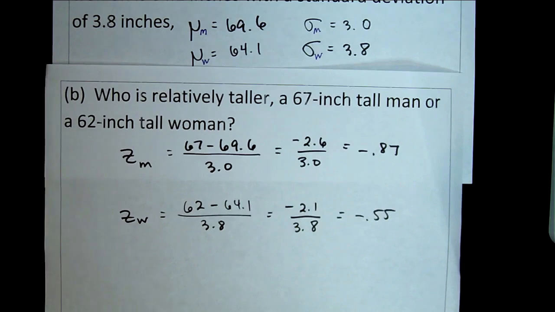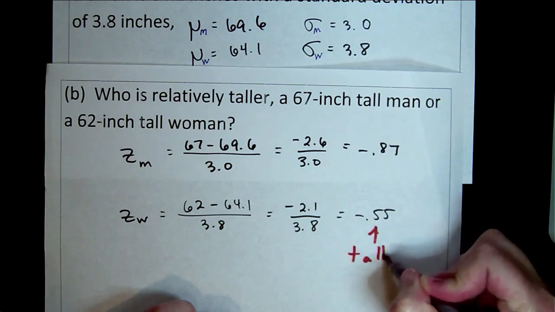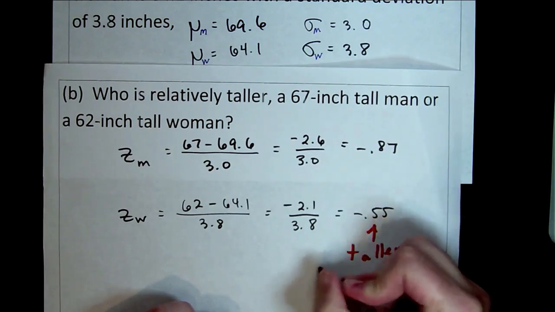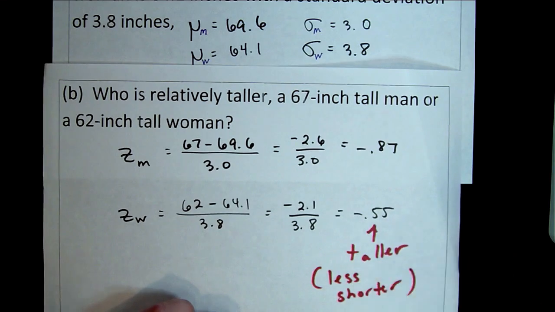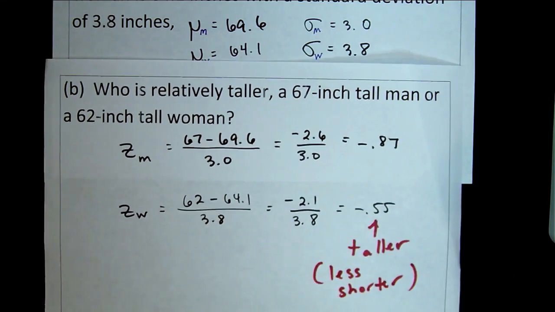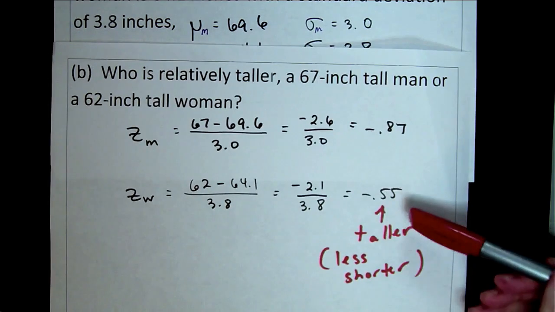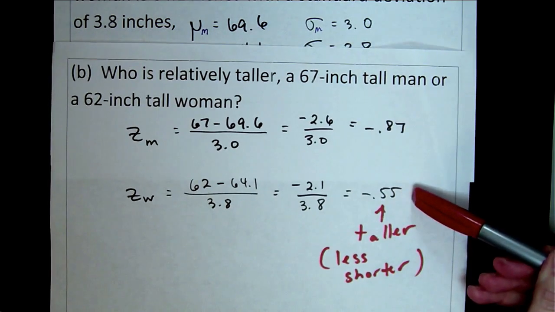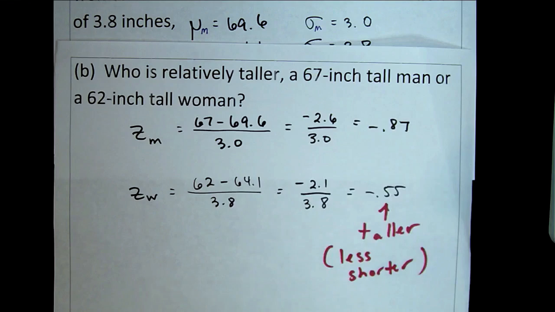In this example she would be considered taller, or maybe less shorter would be the way to say it, but I'll say taller because that's what the question asked. What we mean by taller is that there are proportionately more women that are shorter than her, or proportionately fewer women that are taller than her, than there are for him and his gender.